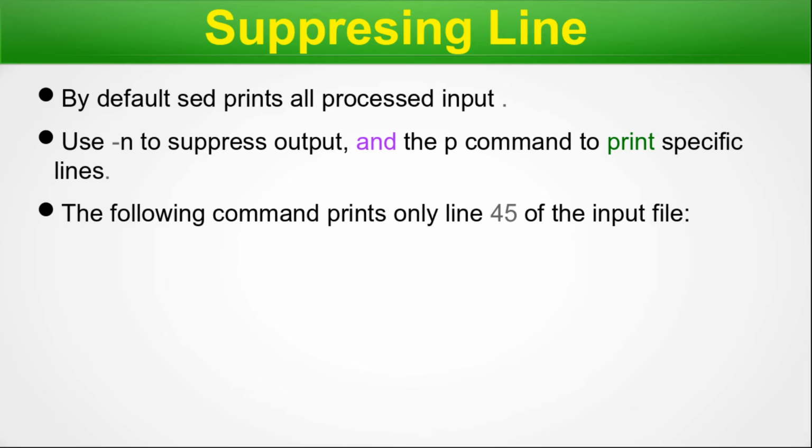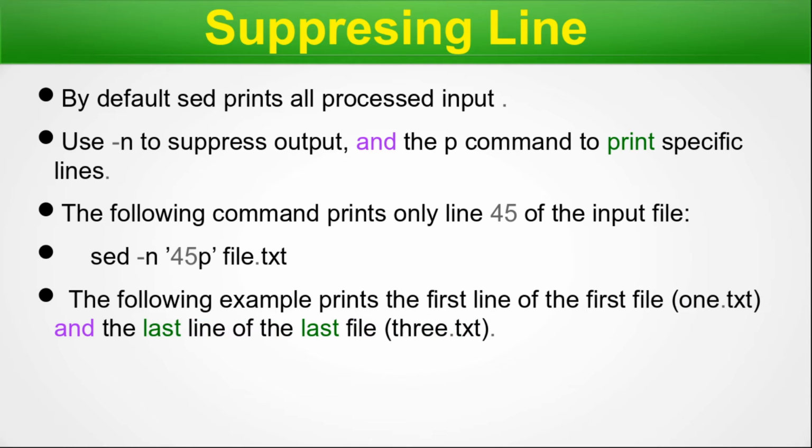The following command prints only line 45 of the input file: sed -n '45p' file.txt. Here 45 is the line number and p is print. This goes to sed and it prints only line number 45, and the rest of the lines are suppressed.